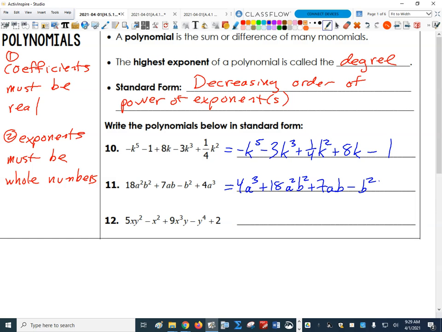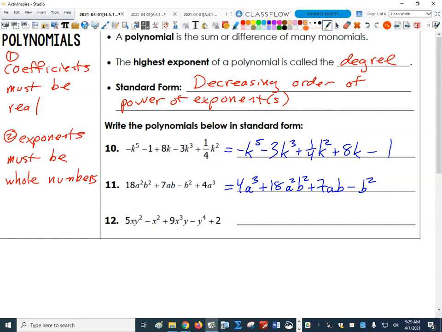Can anybody think of another way I might reasonably think about organizing those? What do you think, Maria? I put the b squared before 7. You put that one before that one? No. Before that one. Okay. I would say that those two should always be in that order.